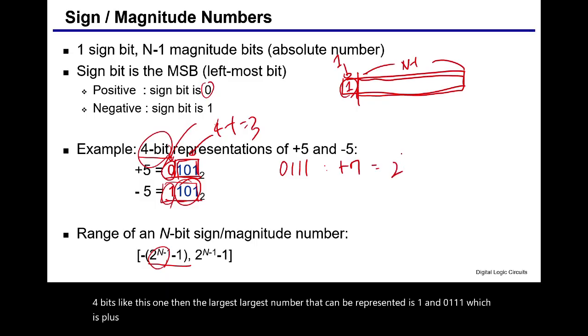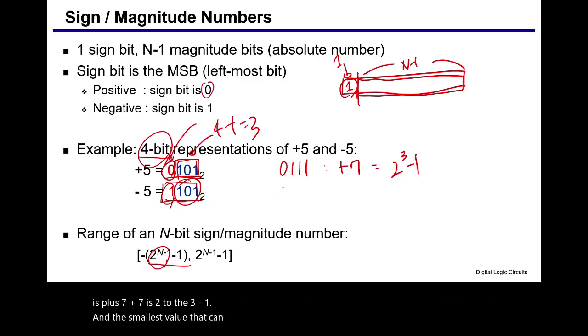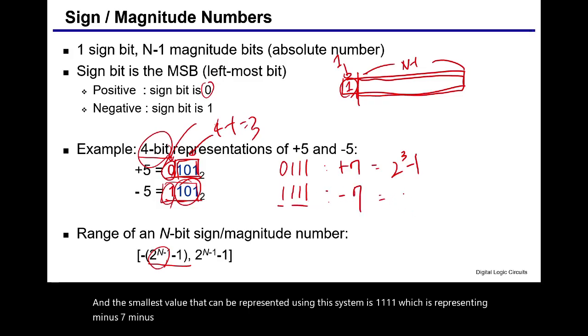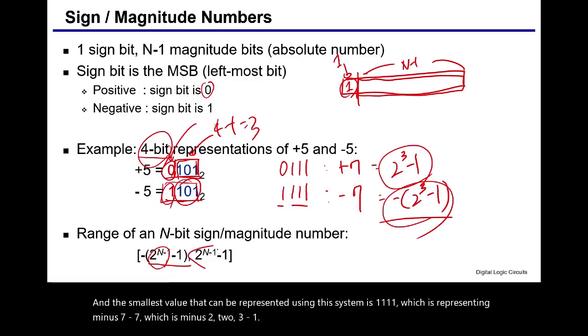Plus 7 is 2 to the 3 minus 1. And the smallest value that can be represented using this system is 1111, which represents minus 7, which is minus (2 to the 3 minus 1).